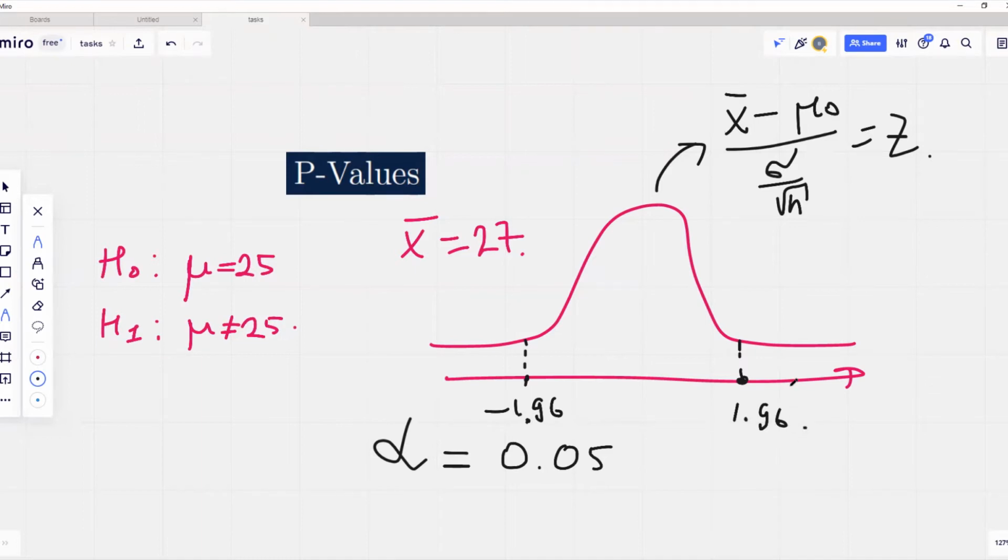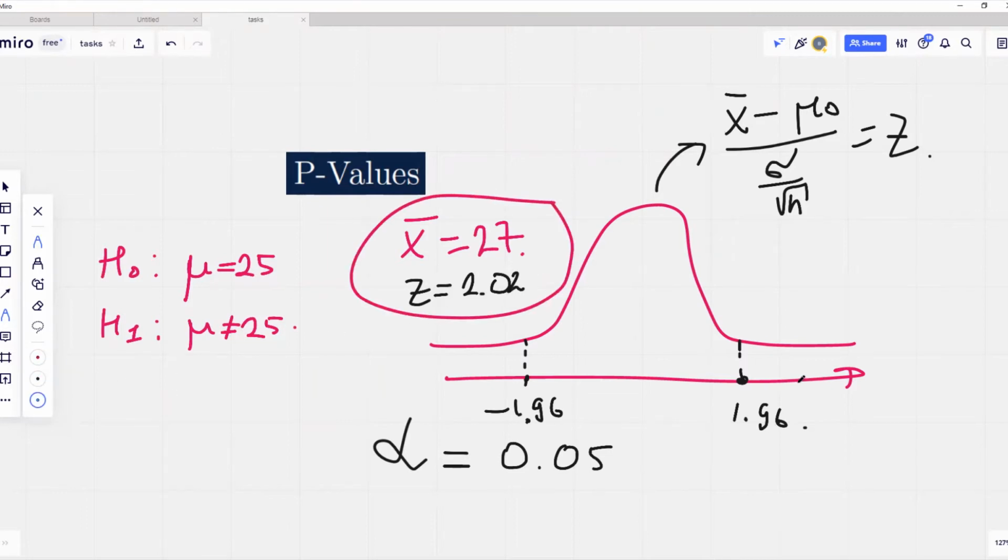So sample means that are going to result in test statistics that are greater than 1.96 or less than minus 1.96 are going to correspond to the rejection region. Now let's assume that this x bar corresponds to a test statistic that is equal to 2.02.